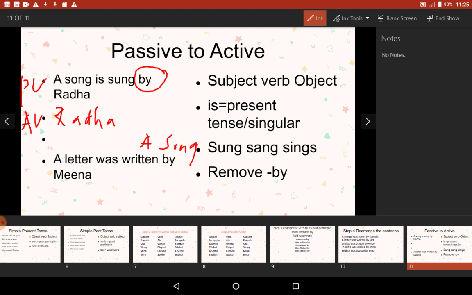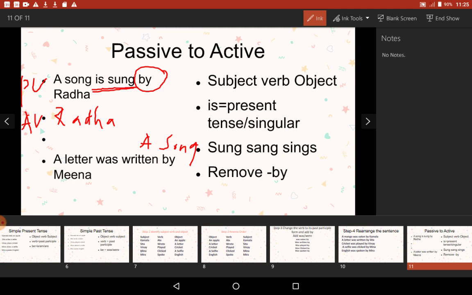Now what is remaining is sung. So we need to change it to its original form. Now I had mentioned that in passive voice all the verbs will be in the past participle form. So this has to be changed back to its original form.